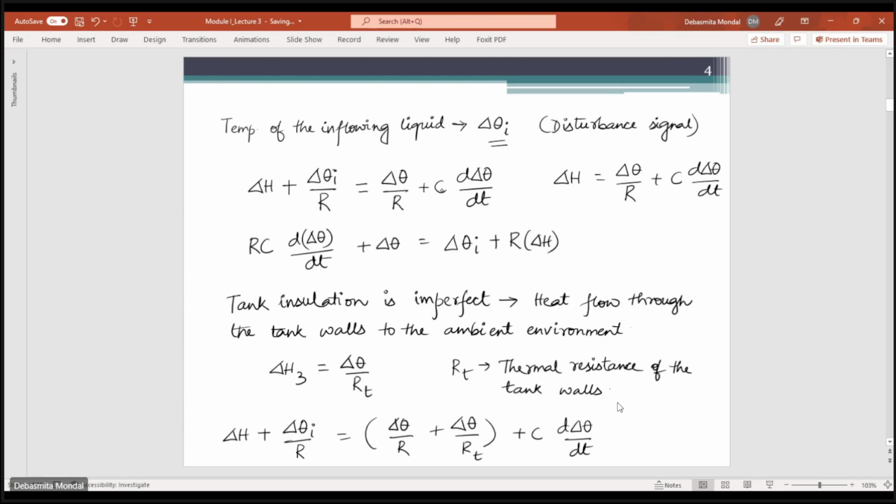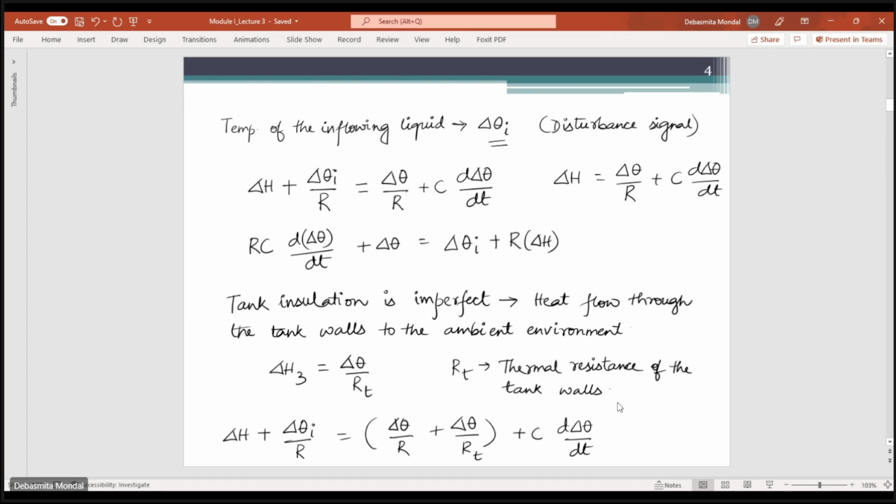So in this way, you can see that whatever factors are influencing the input-output relationship of the system, every factor, whether a desired change or an undesired change, can be and should be considered while modeling a system. Because obviously you would want your model to be accurate.